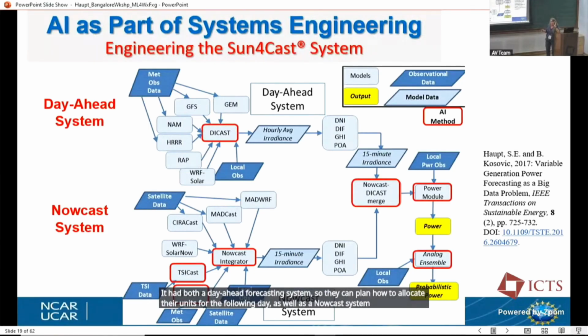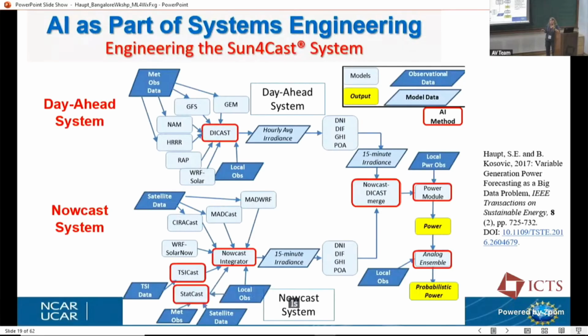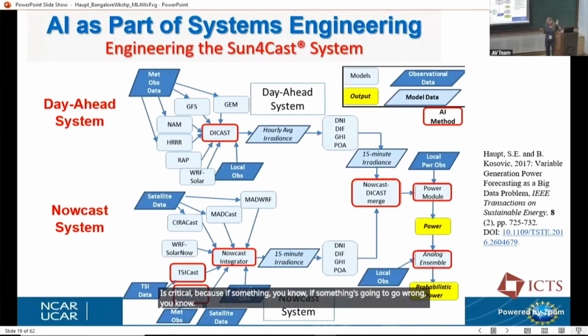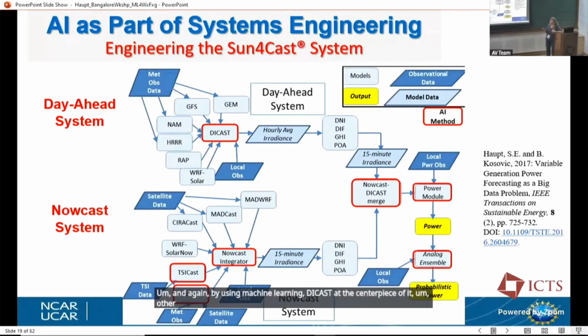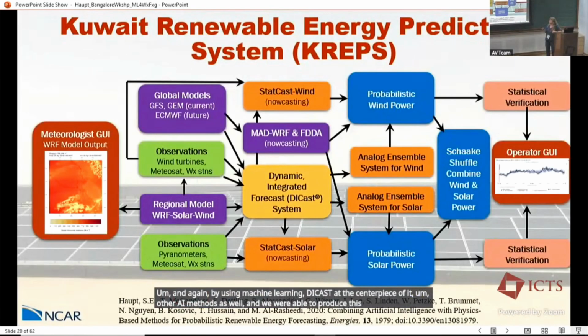The first 6 hours is critical because if something's going to go wrong, a thunderstorm comes in, all of a sudden there's no solar, they need to be able to fill in. And again, by using machine learning, with DICast at the centerpiece of it, and other AI methods as well, we were able to produce this effective system.